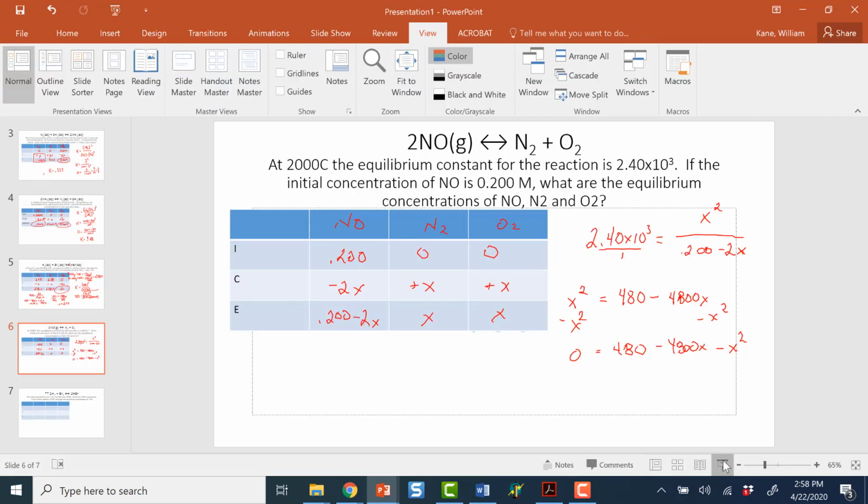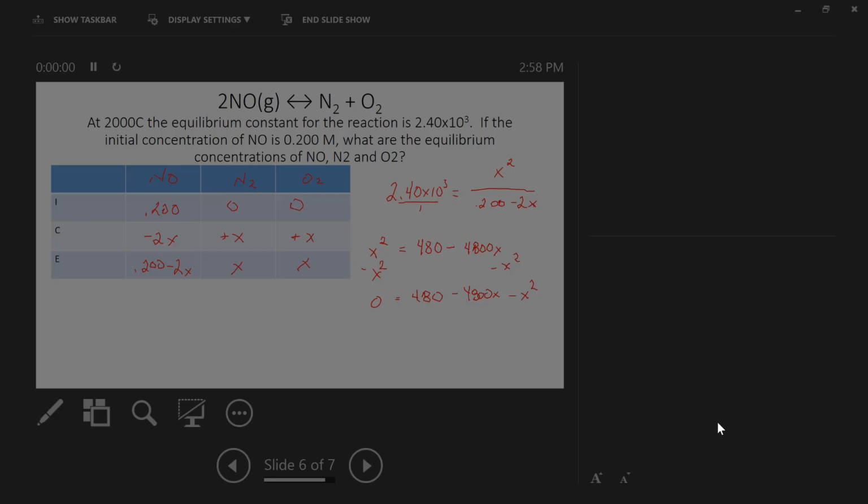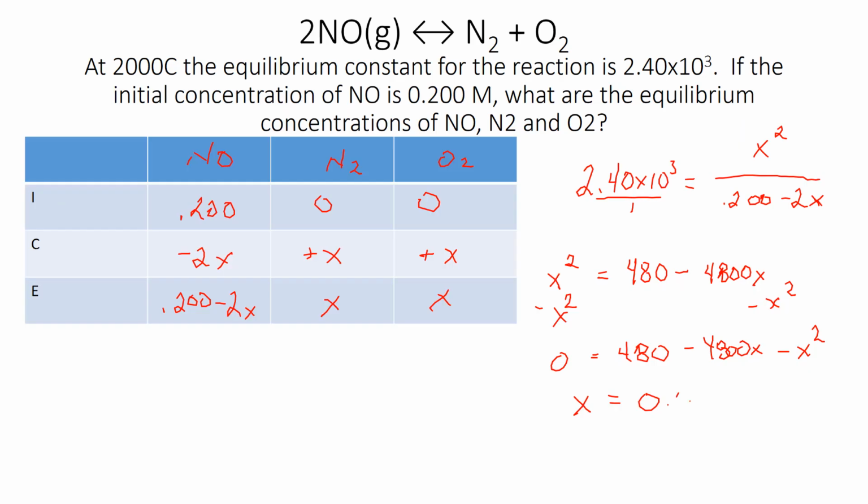So I'm going to come back to our work here. I'm going to make a note here that X was 0.099. That was our solution. So that means that the molarity of O2 is going to be 0.099 molar. That N2 is going to be 0.099 molar.